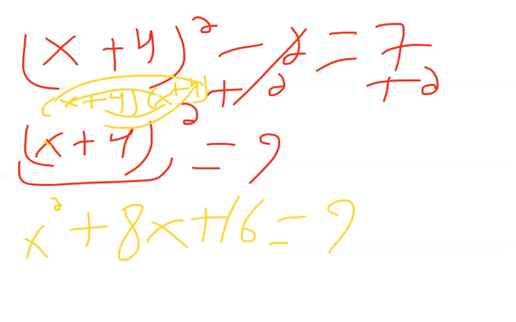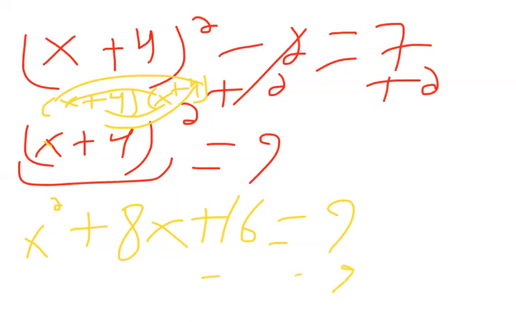And then you could just do, let's see, 16. Let's just get everything to one side, or 0, I meant. So you could do 16 minus 9.